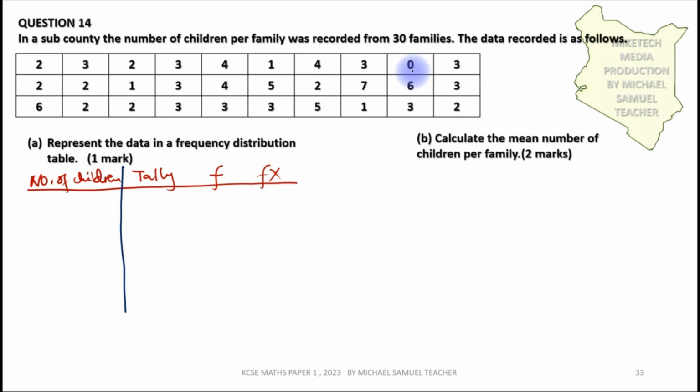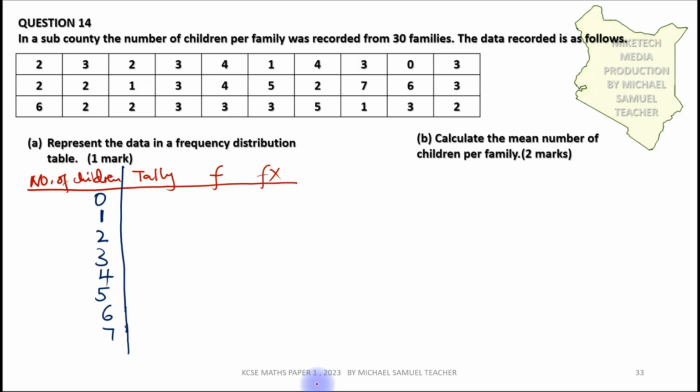The least number of children is 0, then there is 1, 2, 3, 4, 5, 6, and 7. So the least number of children is 0, the highest number of children is 7. We are using a tally so that we don't mess up.